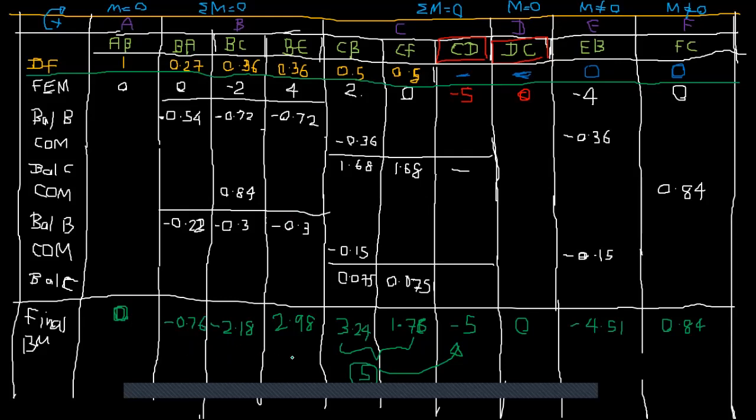So if you add any of these two, it should be exactly the same and opposite to this value. So I would add these two, right? That's going to be plus 0.8, right?